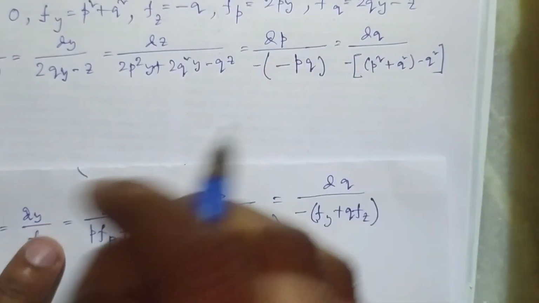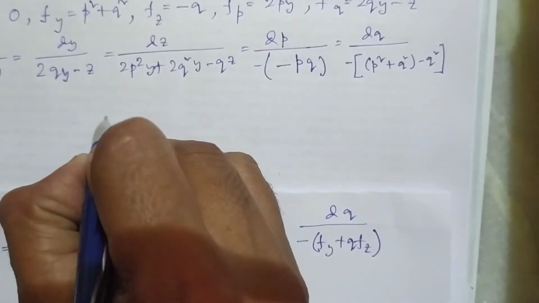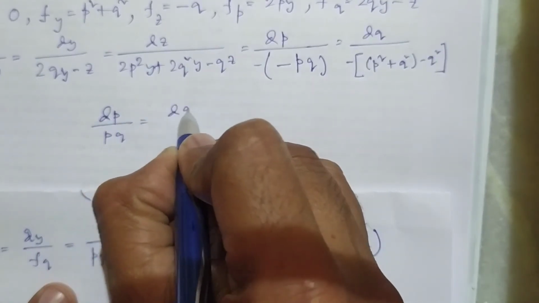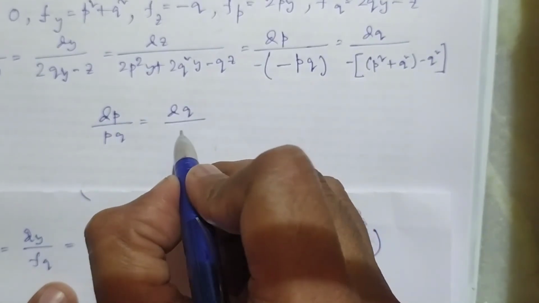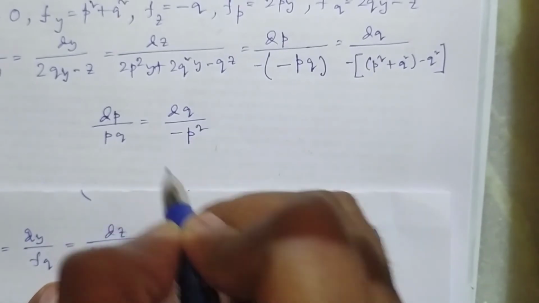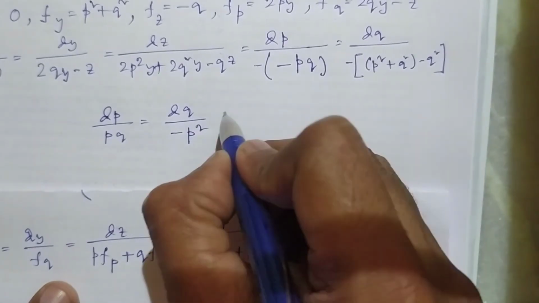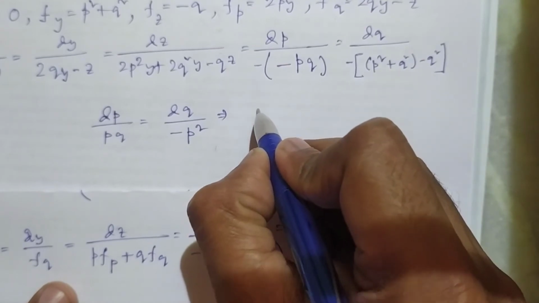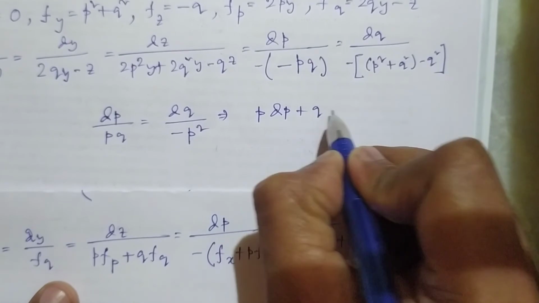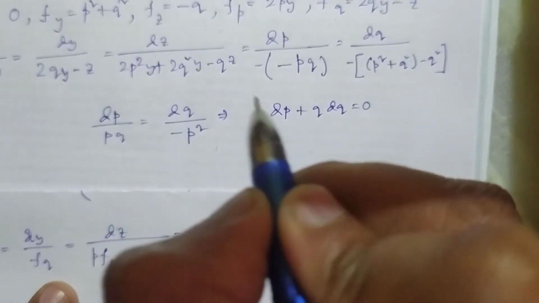So from these two, at least, we see that dp over pq is equal to dq over −p². So we get p dp + q dq = 0.